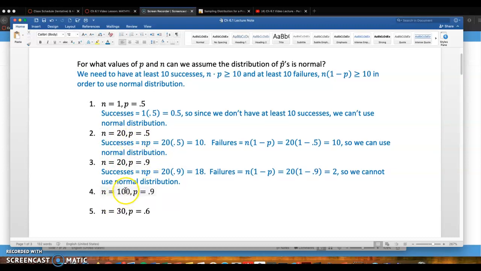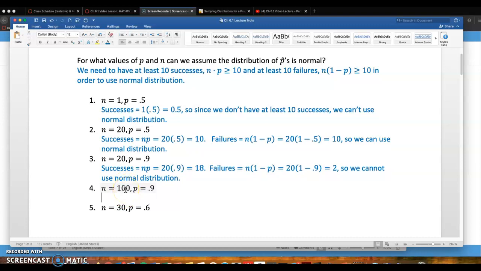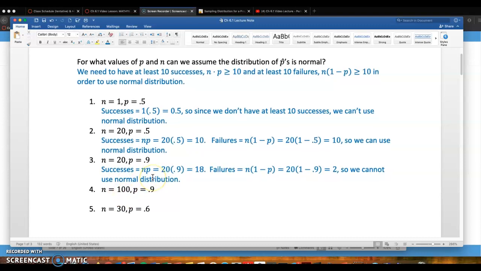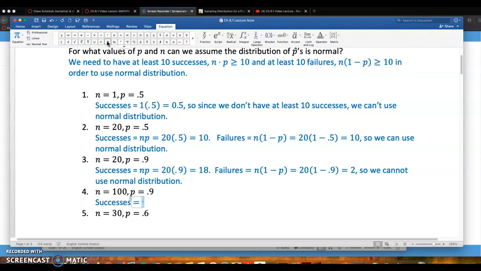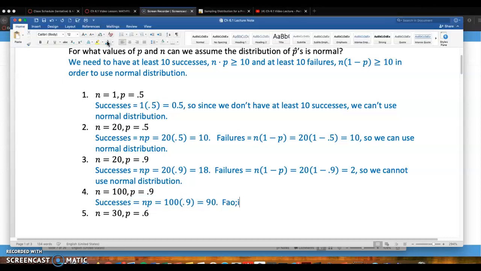So if we have a sample size of 100 and a proportion of 0.9, the successes equal n times p, 100 times 0.9, which is 90. So we're good there, at least 10.